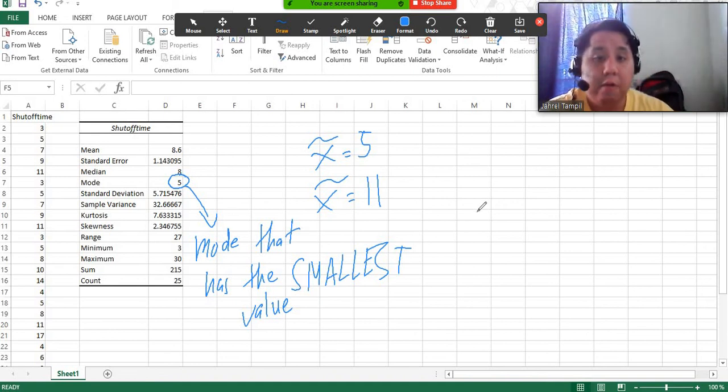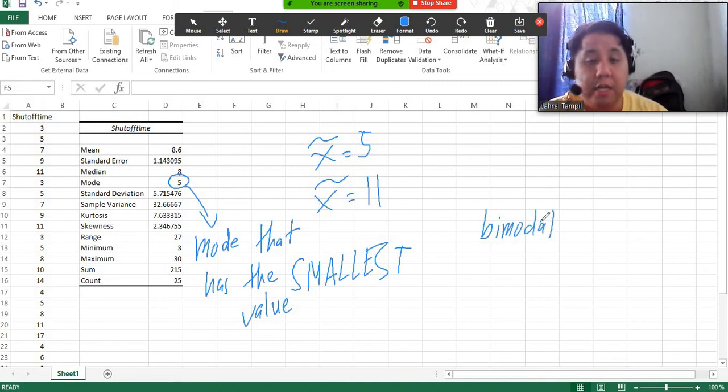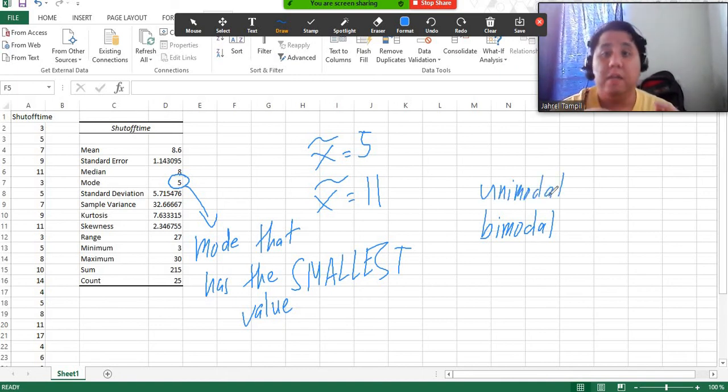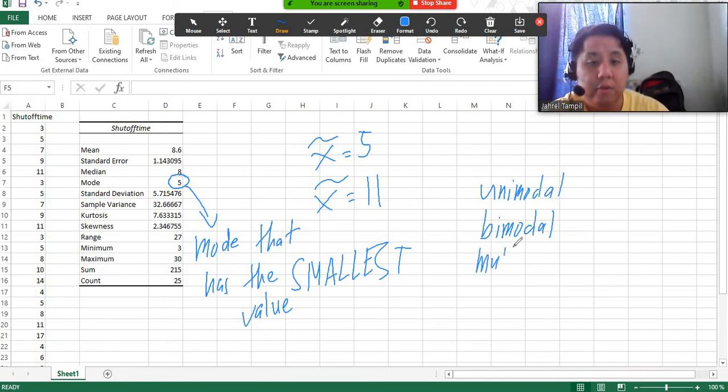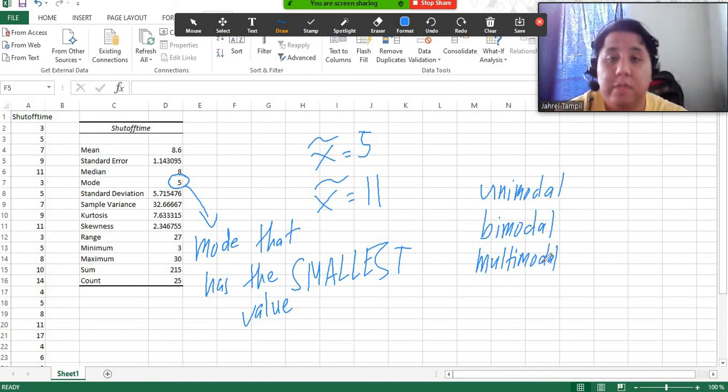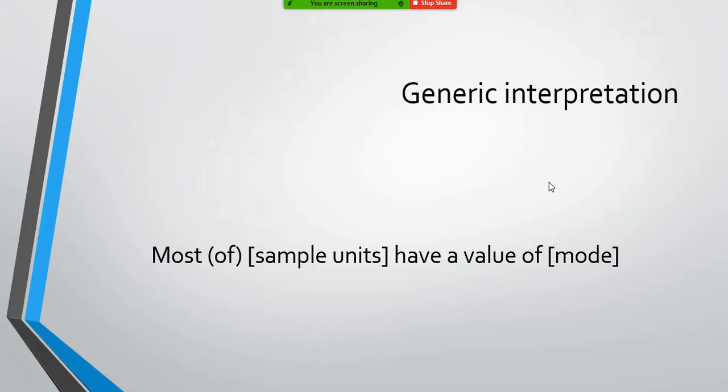Now, again, a while ago we see that if we have 2 modes, we call it a bimodal distribution. If there is only one mode, we call it a unimodal distribution. And if there are more than 2 modes, we call it a multimodal distribution.